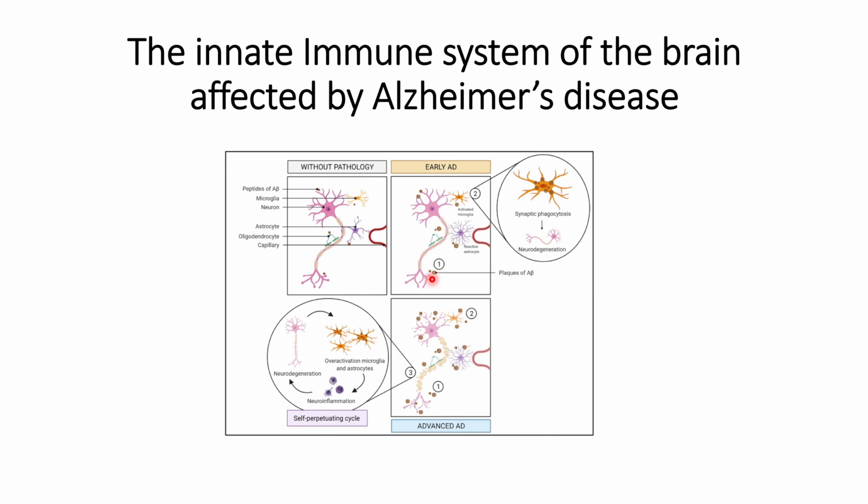However, when there is plaque of A beta present, the microglia and astrocytes, which are part of the innate immune system, will try to destroy this plaque of A beta.